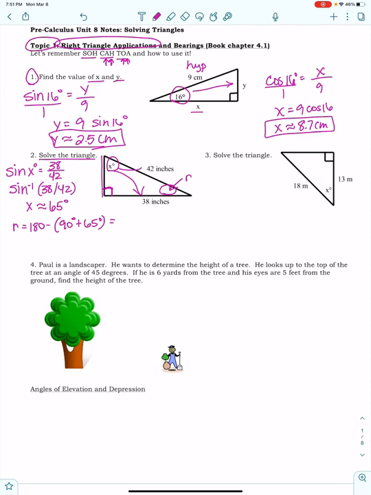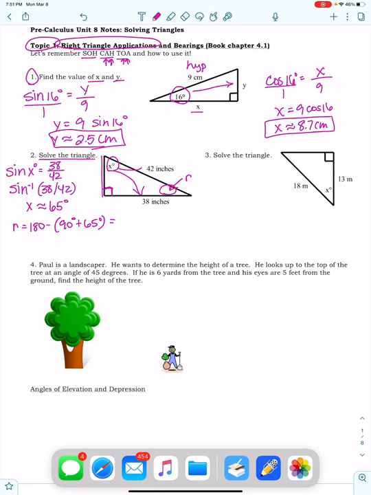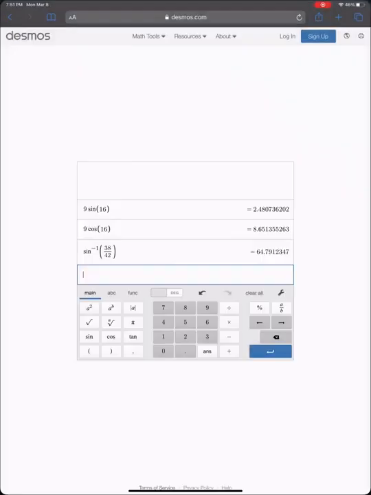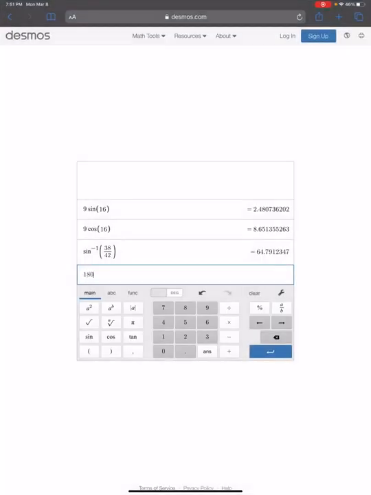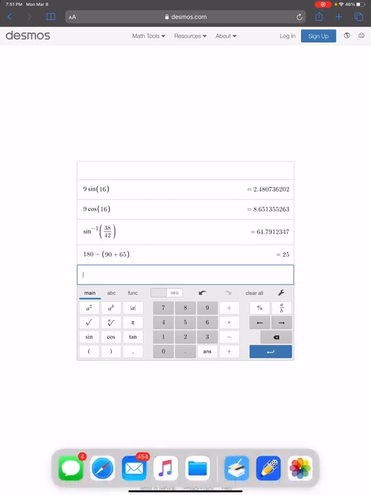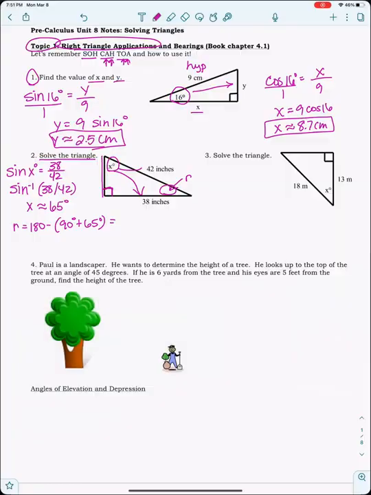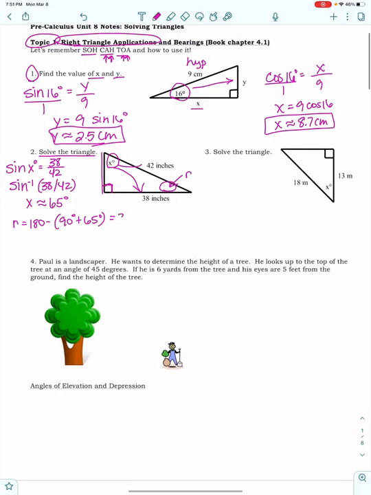So I am just going to use my calculator again. So I've got 180 minus 90 plus 65. I use parentheses. It's important that you do that. So that other angle is 25 degrees. Okay, so 25 degrees for angle R.